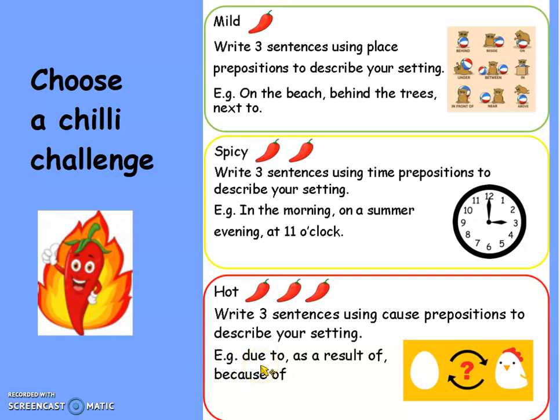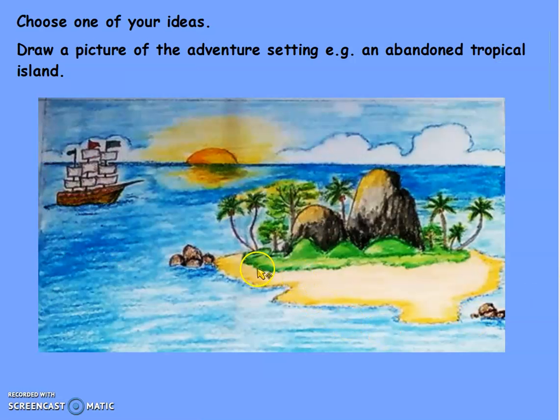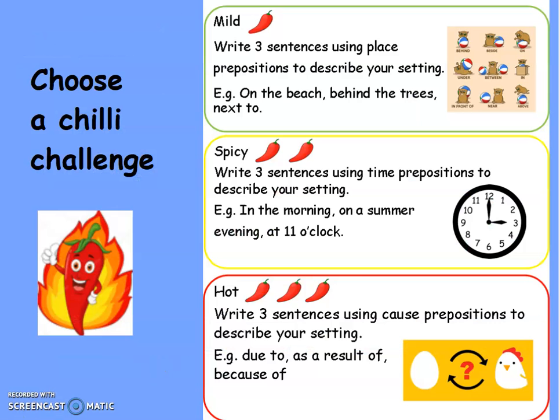Got some examples here, due to, as a result of, because of. I might say that the luscious green palm trees swayed gently due to the breeze. These 3 sentences should be written in your literacy book underneath your setting.